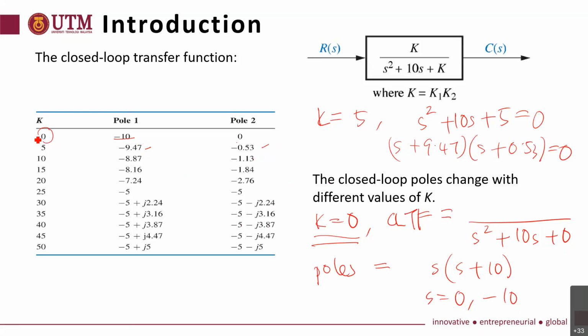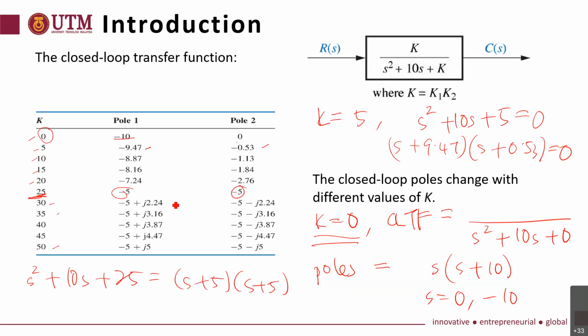And so on. We can try 0, 5, 10, 15, 20, 25. For 25, s squared plus 10s plus 25 is (s plus 5)(s plus 5). Then we get minus 5, minus 5. We can continue 30, 35, and so on until 50. You can add more also.